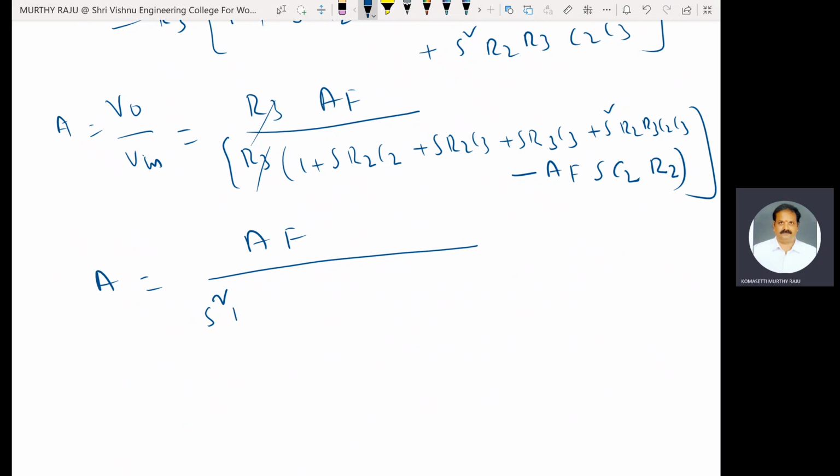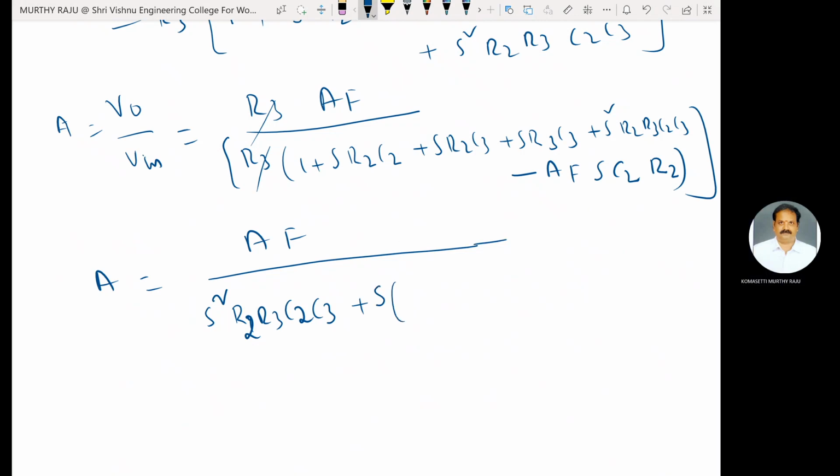Therefore gain A is equal to AF by S square R2 R3 C2 C3 plus S into R2 C2 plus R2 C3 plus R3 C3 minus AF R2 C2, plus 1.